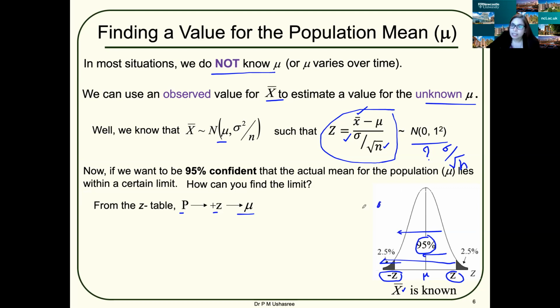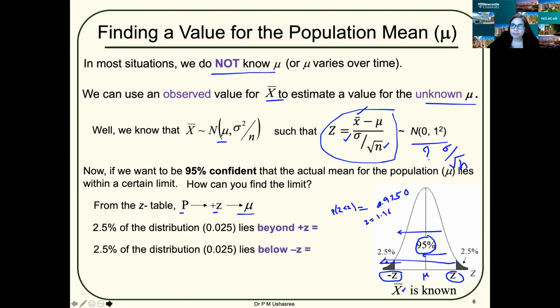That means the probability of Z less than z is equal to 0.975, because 0.95 plus 0.025 gives 0.975. Look for this on the Z table and you will find Z is equal to 1.96.